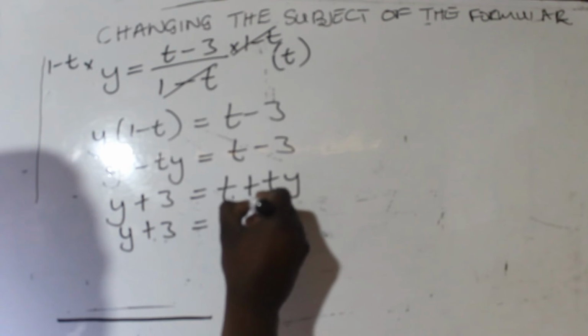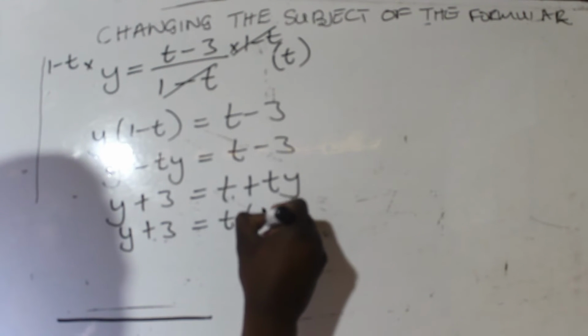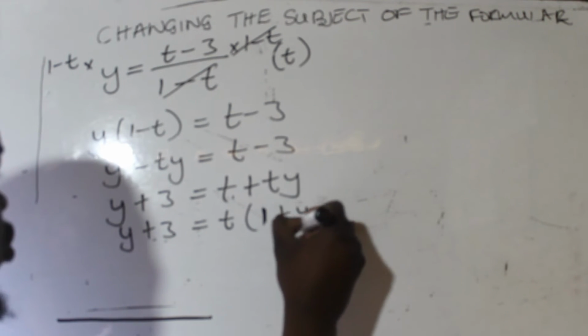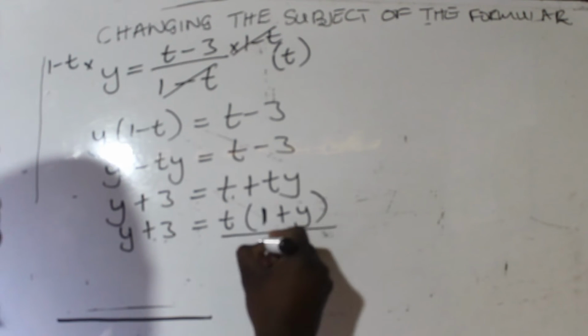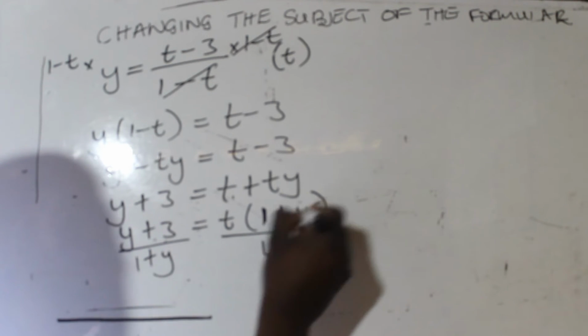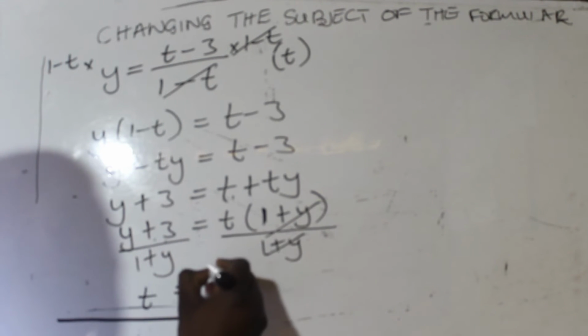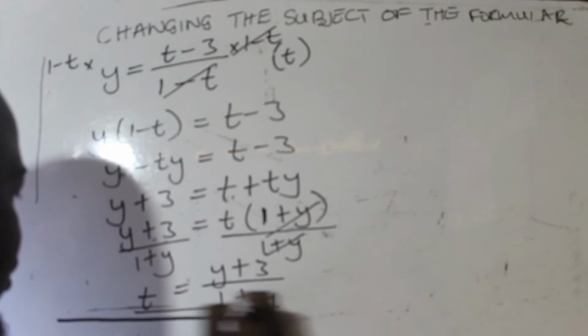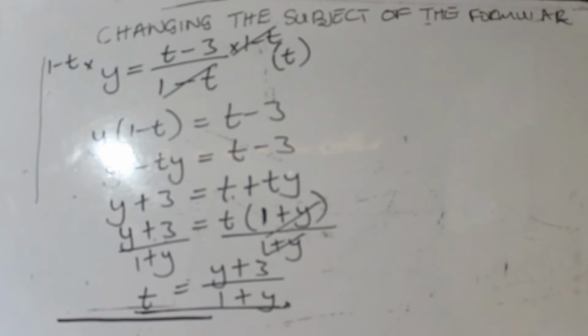We factor out t: t into t is 1, t into ty is y. Then we divide both sides by 1 plus y. So our t is equals to y plus 3 over 1 plus y. That's the value of t.